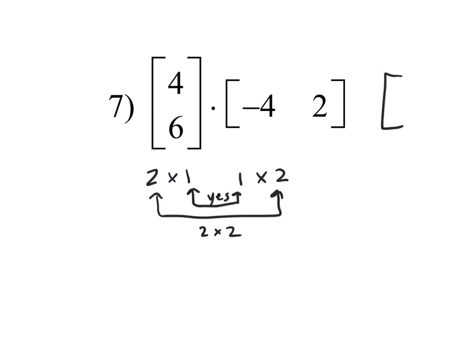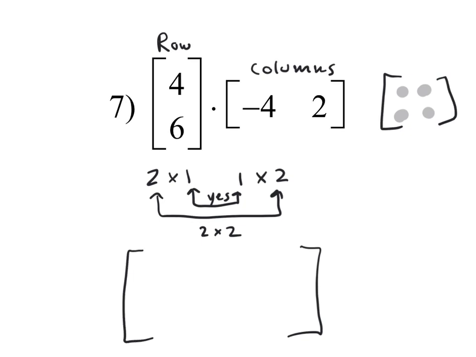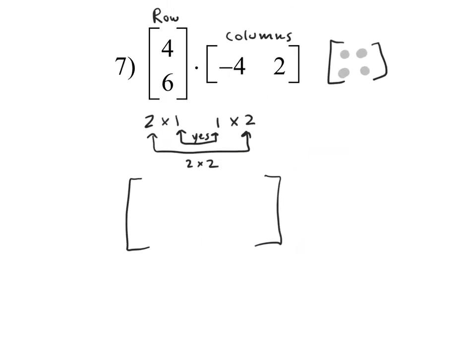So our answer is going to have 2 rows and 2 columns. So remember, in our first matrix, we move in rows. In the second one, we move in columns. Alright, so what do we do first?